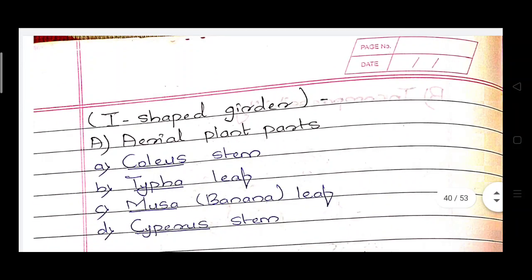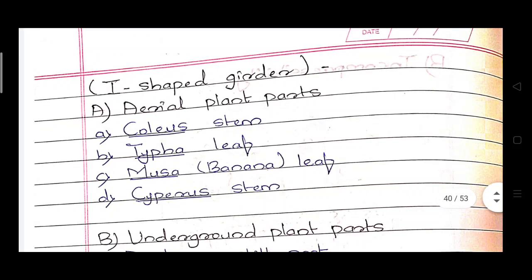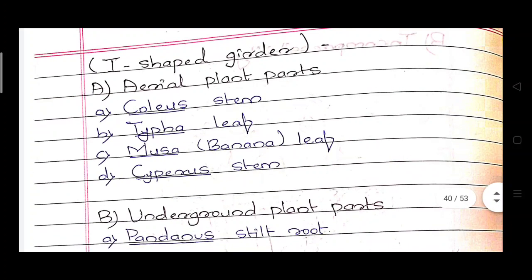In aerial plant parts, there are four examples in your syllabus: coleus stem, typha leaf, musa leaf and cyperus stem. Musa is the banana plant. Then cyperus and typha are grass-like plants. Coleus is an ornamental plant.